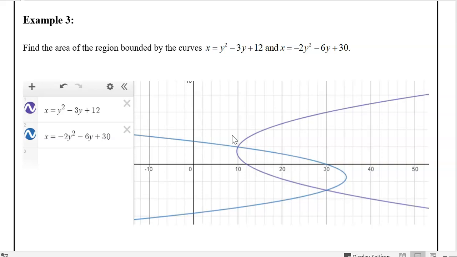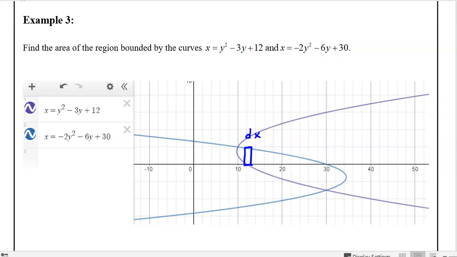We can also take a look and now think, would it matter whether I use integration with respect to x or integration with respect to y? If I think about integration with respect to x, I want to visualize drawing rectangles that are vertically oriented so that the differential is dx.